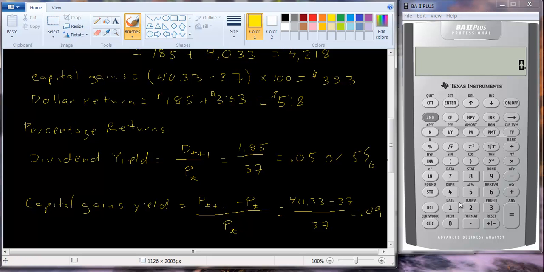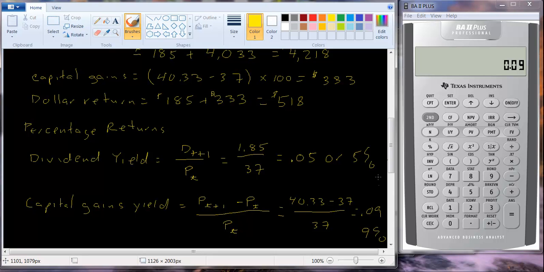Let me see there. 40.33 minus 37. Okay, this is the capital gains amount, 3.33, divided by 37, and we get 0.09, which is 9%. I ran out of space here, I'll just write 9%.